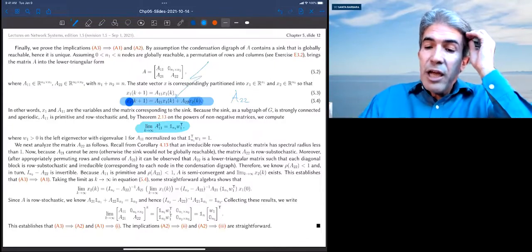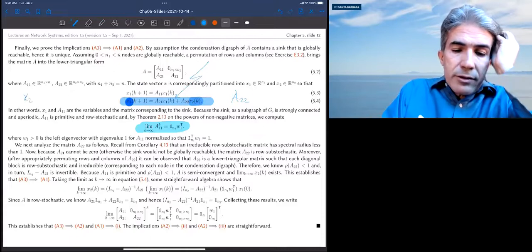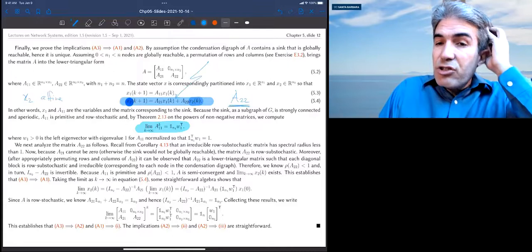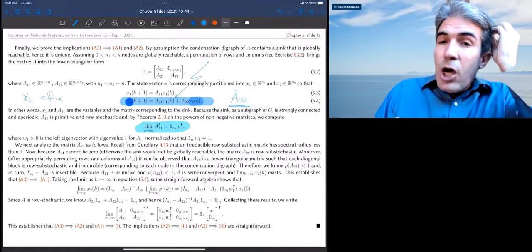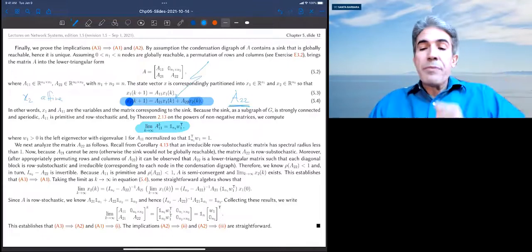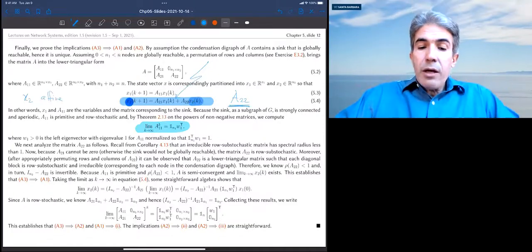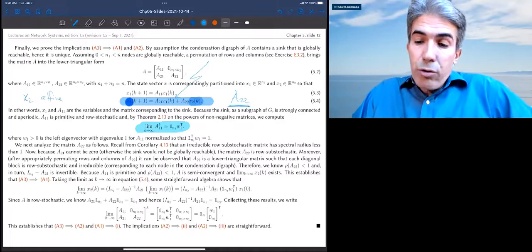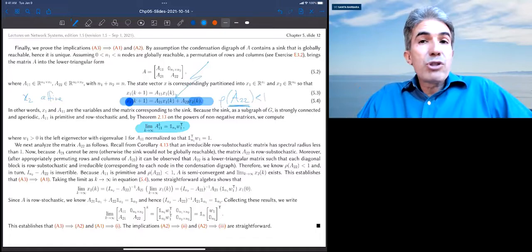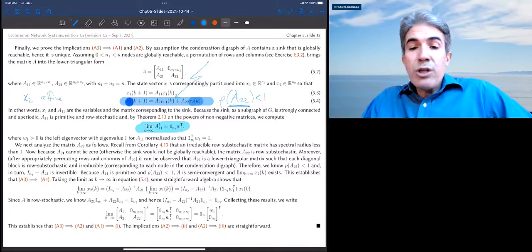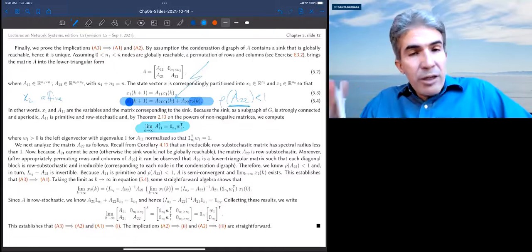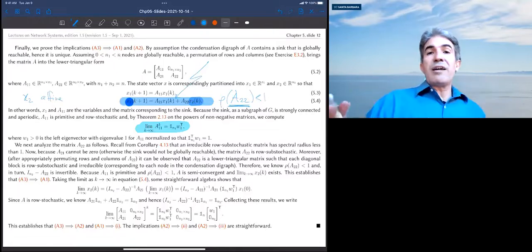So the dynamics in x2 is affine, and its state matrix is A22. Now we've seen examples in chapter 1 where I have an affine dynamical system and I want to know if it converges. Well, I really need to show that rho of A22 is less than 1. If rho of A22 is less than 1, then I know that it is a convergent system, and for any constant input, it will converge to a final constant value.